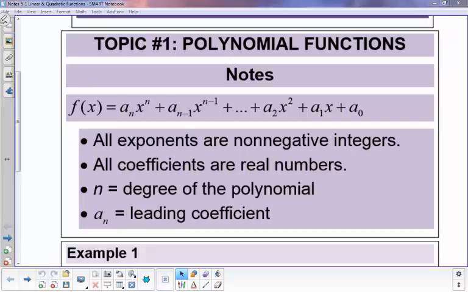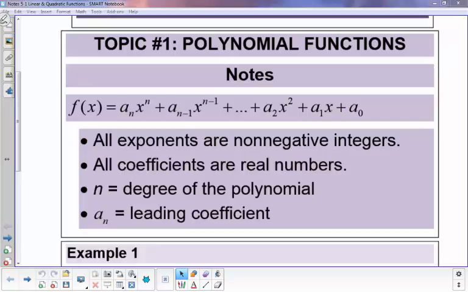All our exponents are non-negative integers, so nothing that x is raised to will be negative. And also all our coefficients are real numbers, so a sub n, a sub n minus 1, a2, a1, those are all going to be numbers that we can deal with, even square roots, as long as they're real numbers, no imaginary.